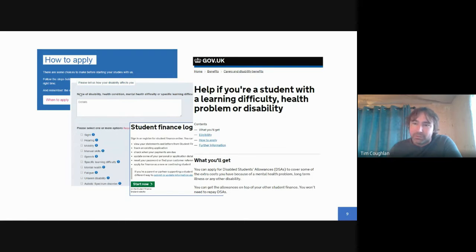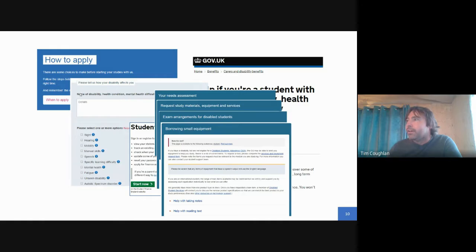If you're disabled, you're then probably applying for the Disabled Students Allowance, which will get you some technology and potentially human support as well. If you're then in the university and you have particular needs, you may have to fill in separate forms to get, for example, adjustments to exams, to borrow some equipment that might help you, and to get materials in different formats. There's all sorts of things like that. So that's just within the study context, what the students need to do.